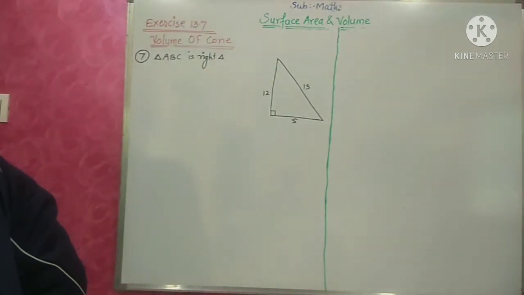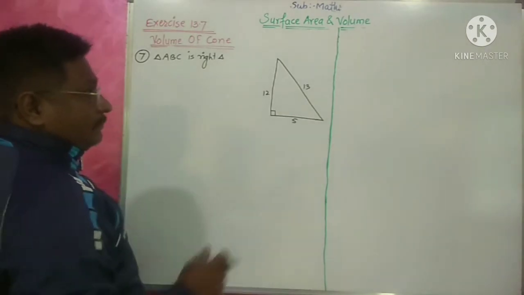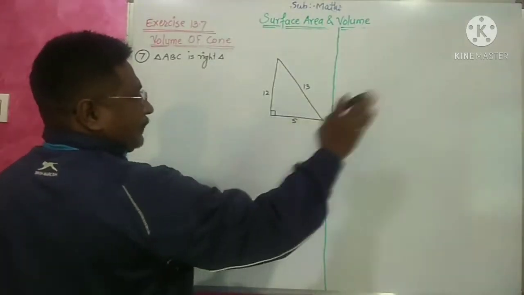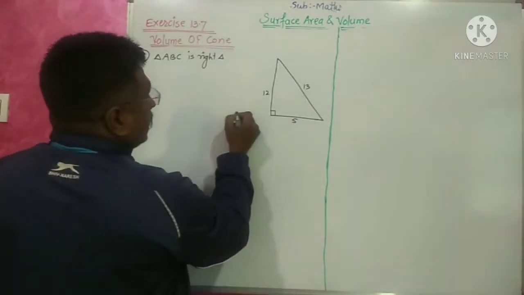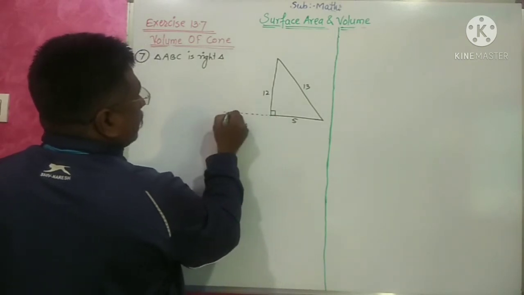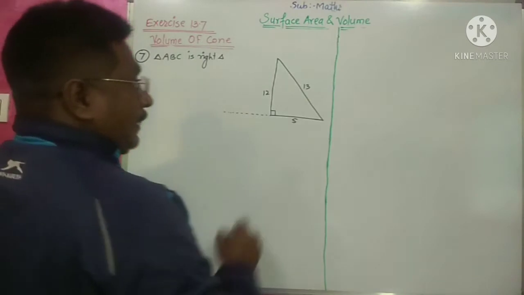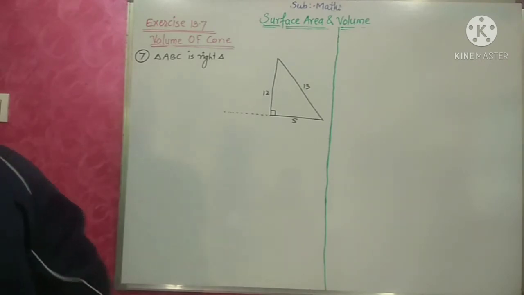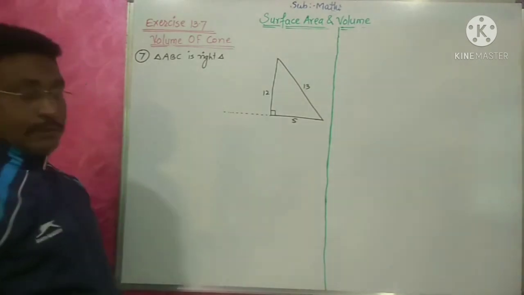It is revolved about the side 12 centimeter. Revolved means we have to rotate in this way, around 12. We are revolving about the side 12 centimeter. Find the volume of the solid so obtained. So what will we get?